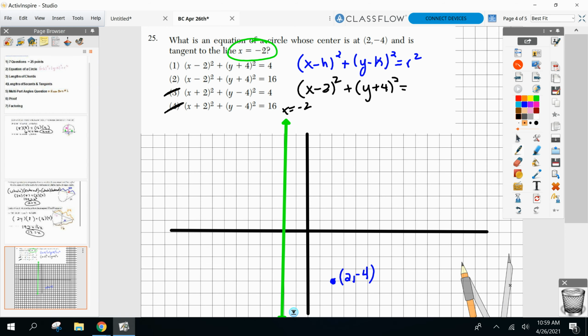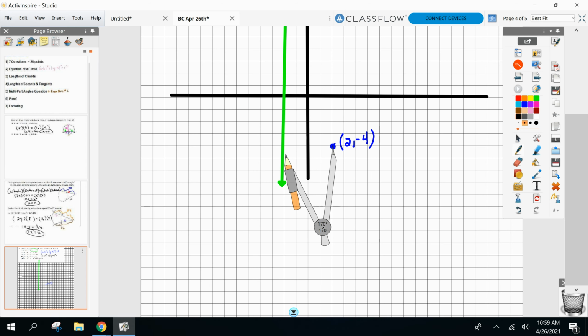So it's tangent, and I'm going to do my best here, to that line. Just to give you a visual here. Tangent hits in exactly one spot. That spot's called the point of tangency.